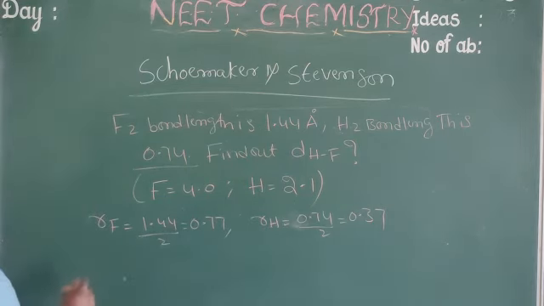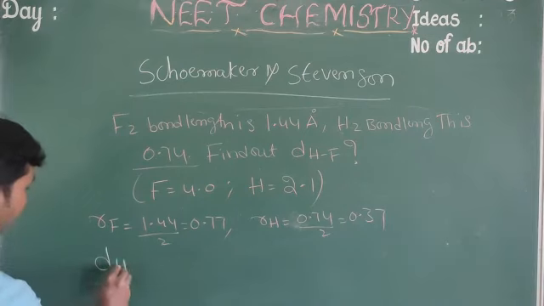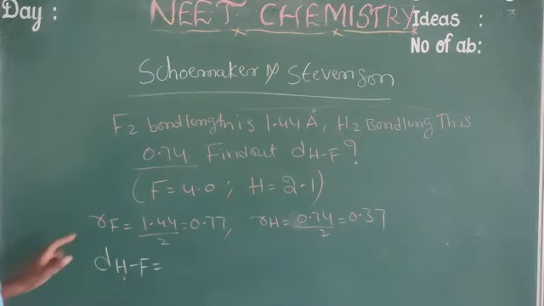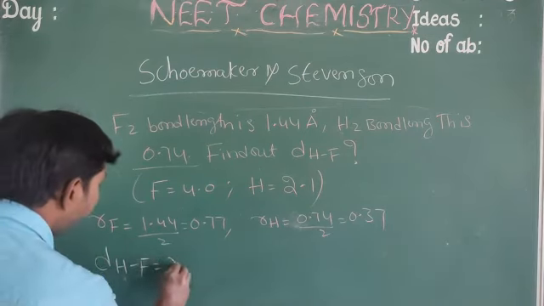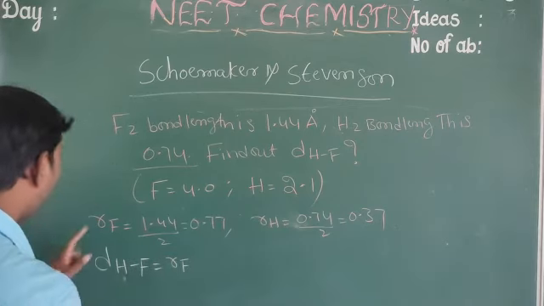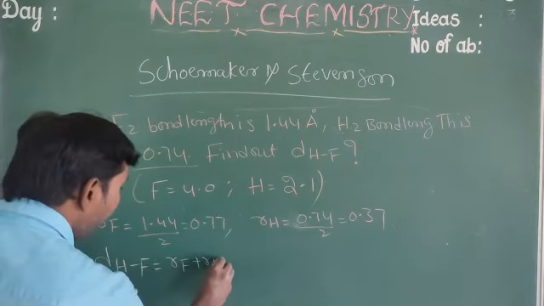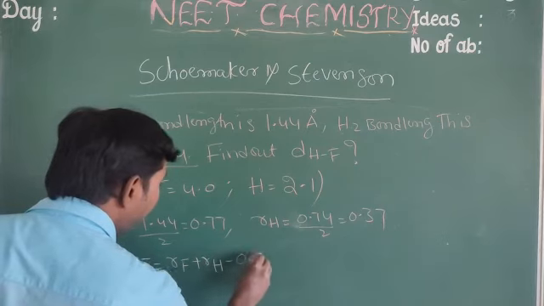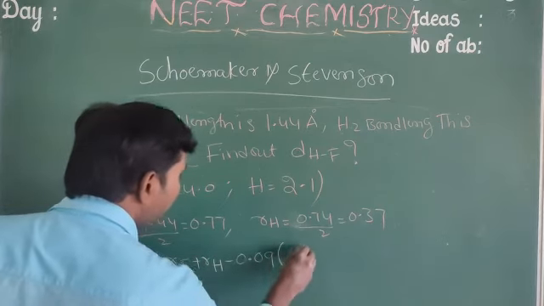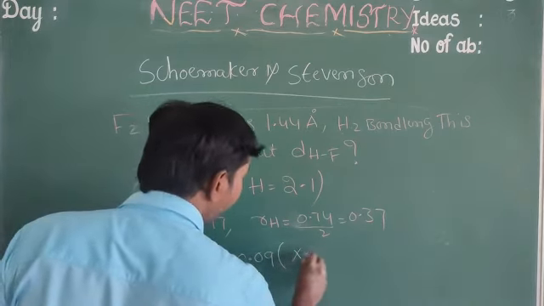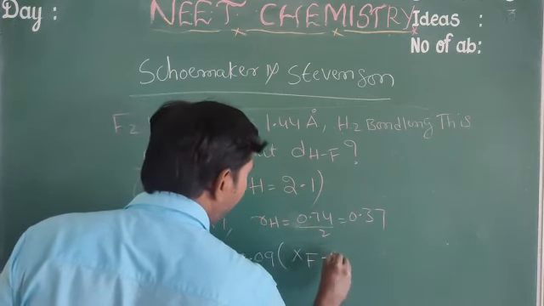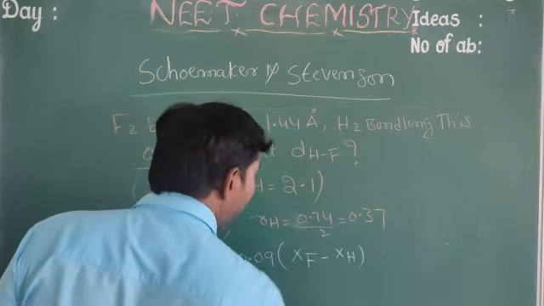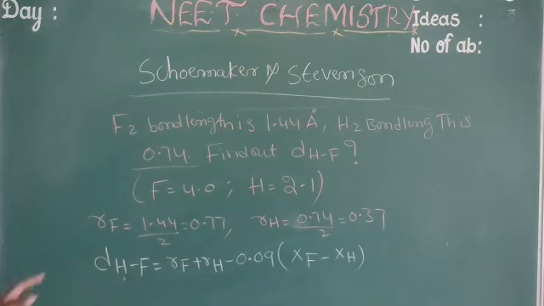Now we substitute: distance of HF equals R fluorine plus R hydrogen minus 0.09 times the electronegativity of fluorine minus the electronegativity of hydrogen.